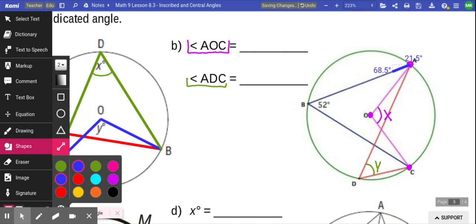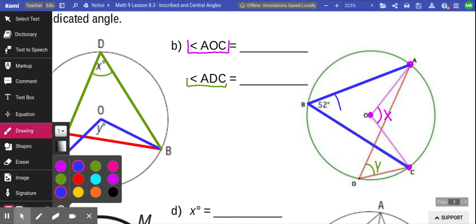So if I went from A to B to C, that creates an inscribed angle and it gets me from point A to point C. Inscribed angles are half the size of a central angle, or central angles are twice the size of an inscribed angle, depending on how you want to look at it. So for us, that means that X must be 2 times the inscribed angle of 52 degrees. We throw that in our calculator, that's 104 degrees.